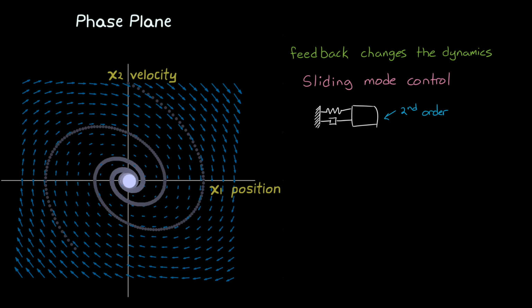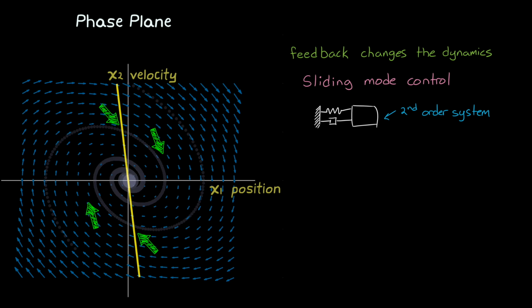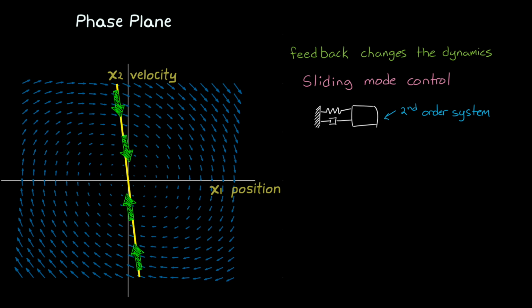The mass spring damper system is second order, which means that in general, the trajectories can bend and circle around in 2 axes across the entire phase plane, like we see here. Now, sliding mode control tries to constrain the trajectories so that they can only exist along a slice within the plane, and that's this yellow line here.